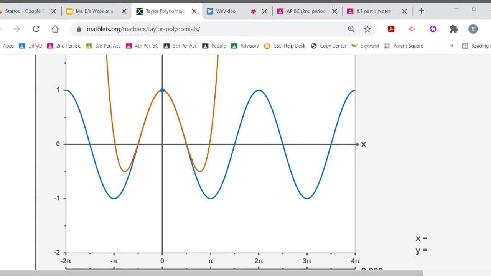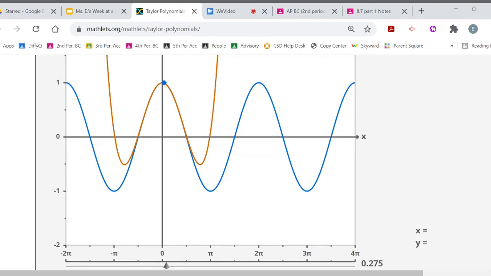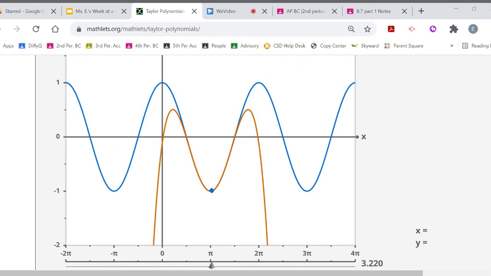And then we'll have a part C to it. But while we're here, I wanted to talk with you about the idea of centering these things at different values. So for example, if I was to center this at pi instead of at 0, first of all, why would I want to do that? For a couple reasons.